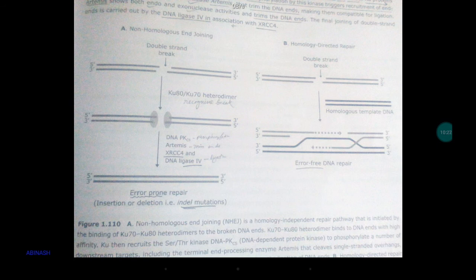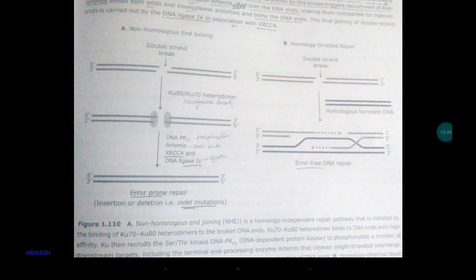The non-homologous end joining repair system is very fast, highly efficient, but it is more prone to error. Whereas the homologous recombination repair system, HDR, is less efficient, but it is less prone to mutations, or we can say there is not at all any mutation.